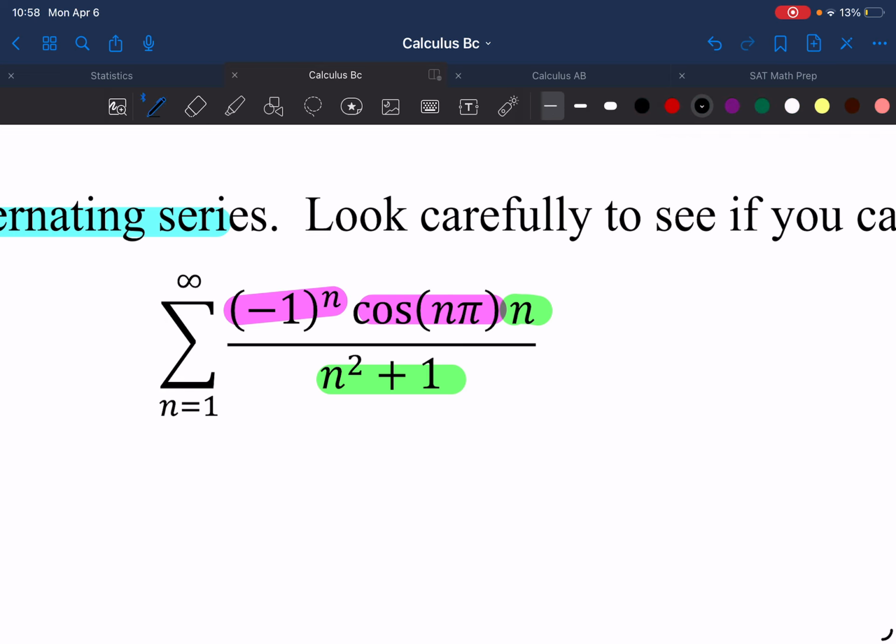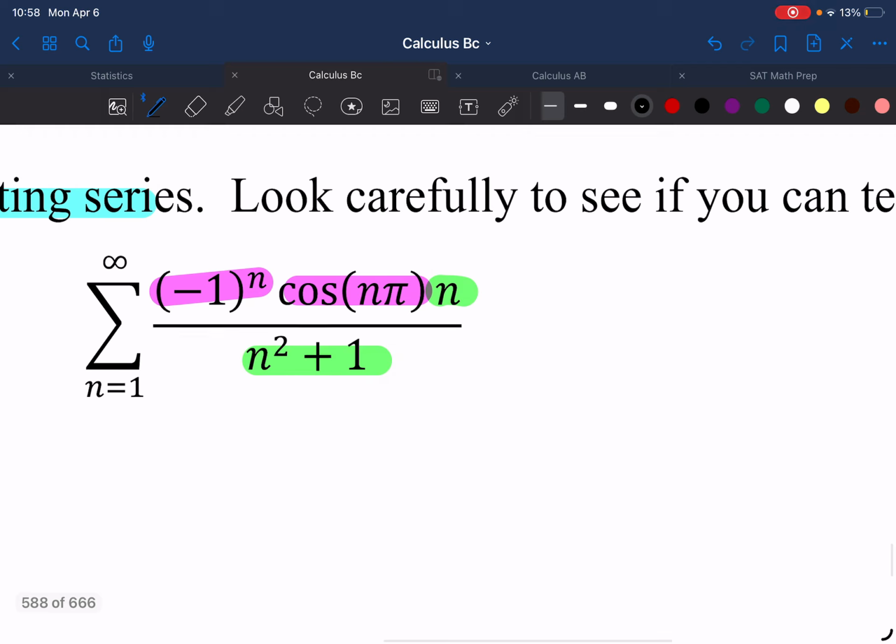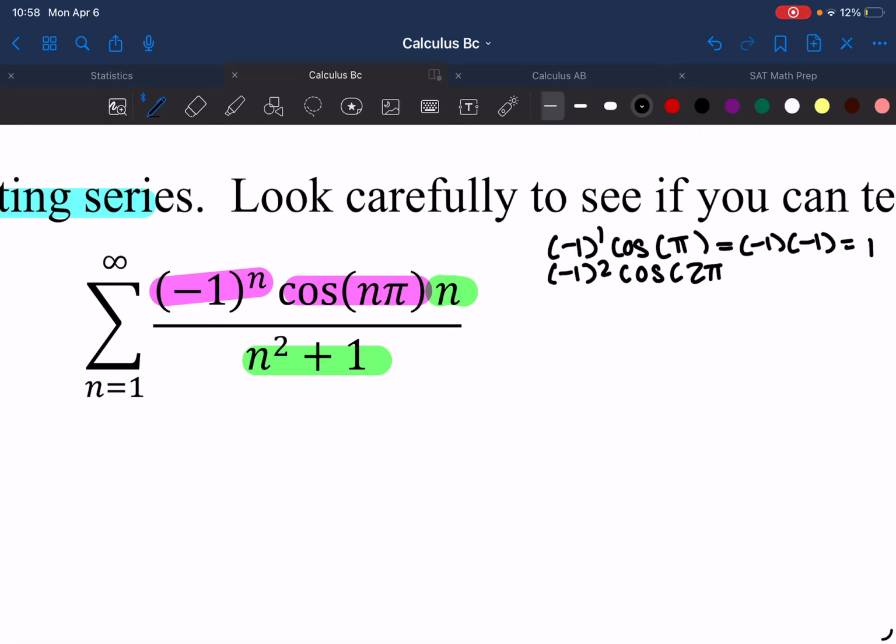To prove this, off to the side, we're going to plug in 1, plug in 2, plug in 3, and see what happens. Negative 1 to the first power times cosine of 1 pi is negative 1 times negative 1, which is 1. Then we plug in 2, and we get 1 times 1, which is 1. Let's plug in 3 for n. Again, we get negative 1 times negative 1, which is 1.